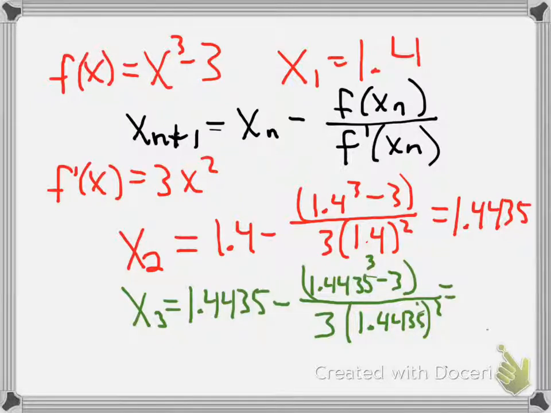And that number will be the value of our second iteration of Newton's method. Let's see what we get here. 1.4435 put in, and out of it is 1.4423.